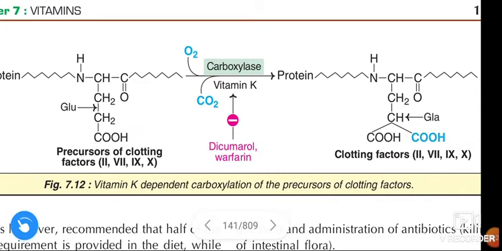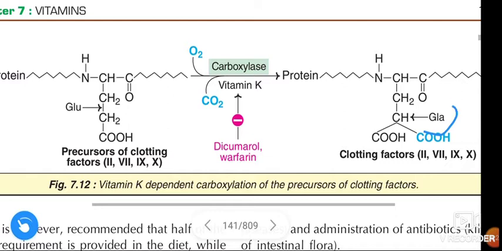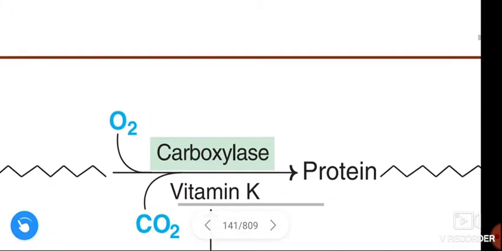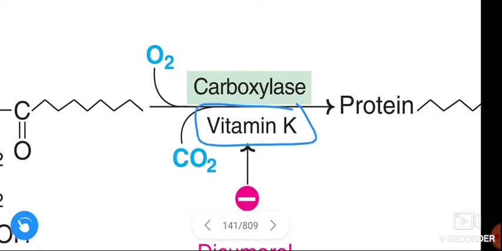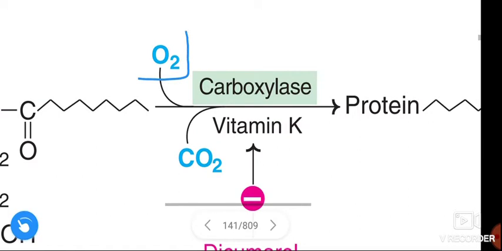See here, in conversion of glutamate to gamma carboxyglutamate, this conversion is dependent on vitamin K, carbon dioxide and oxygen.